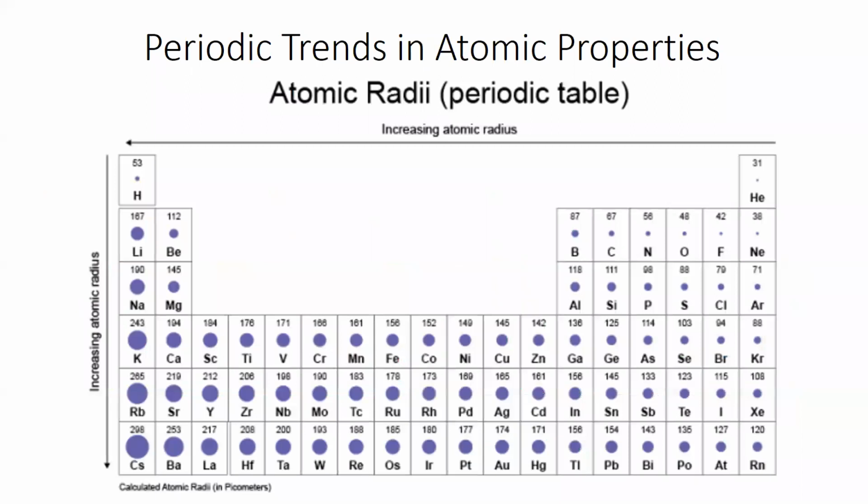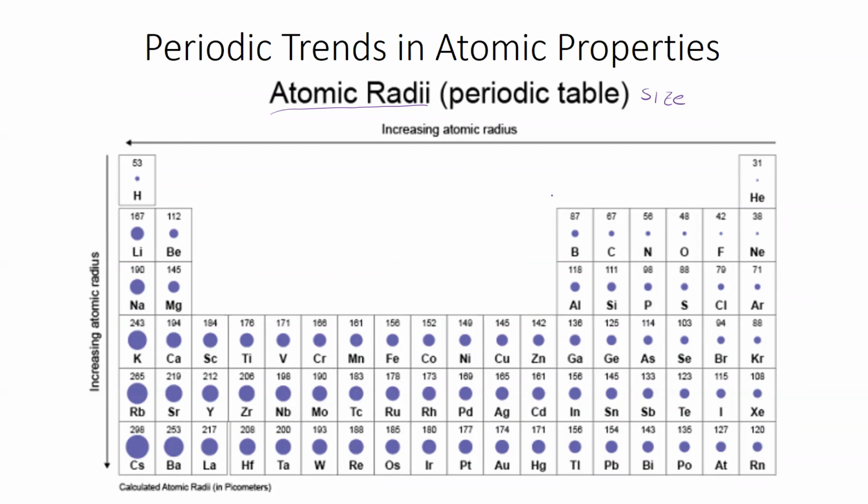Okay. So if we look at the periodic table, in particular the trend that we want to look at is atomic radii. You can think about it as atomic size, or size of the atom.